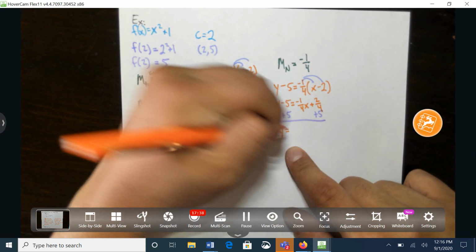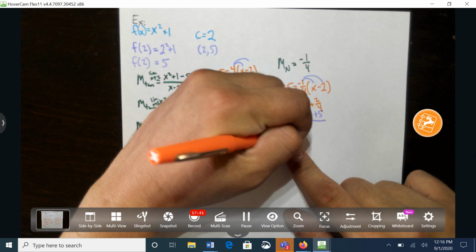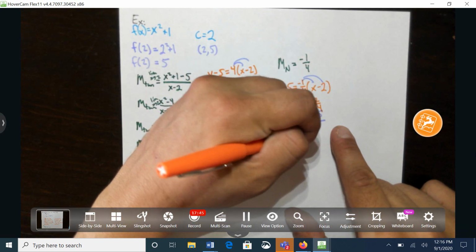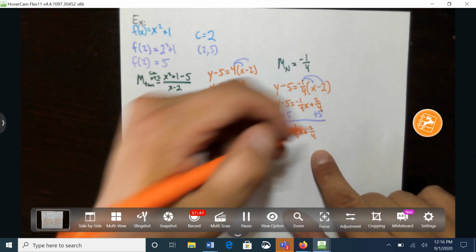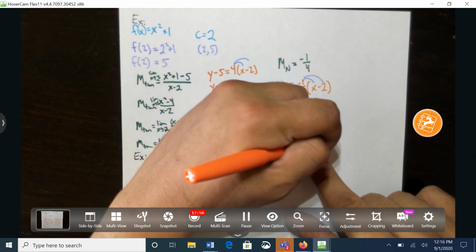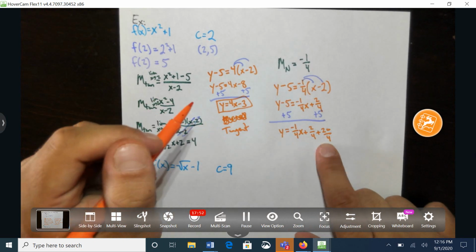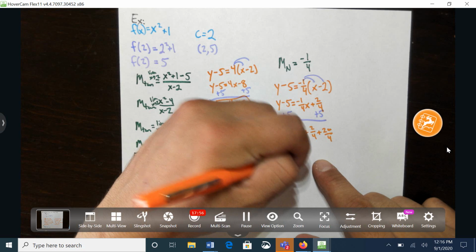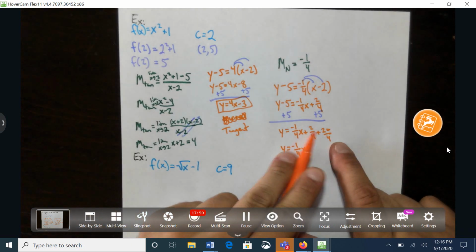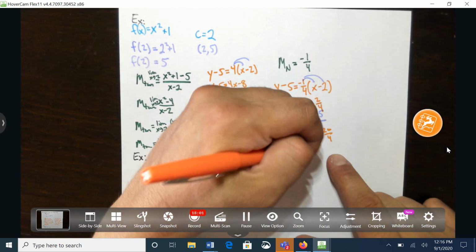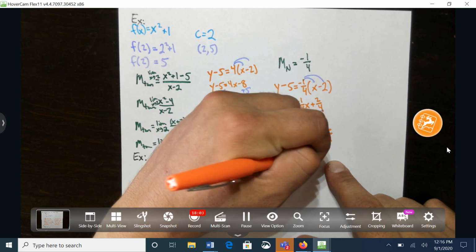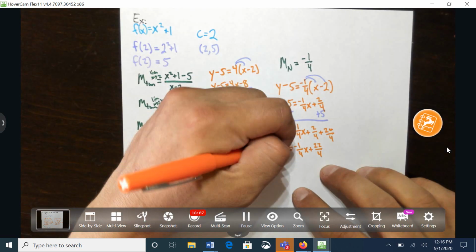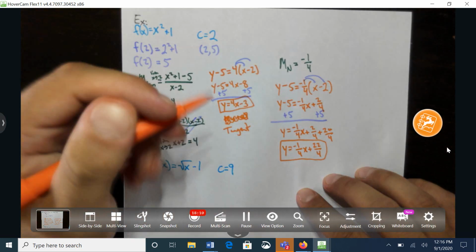So y is equal to negative 1/4 x plus 2 over 4, and 5 would be 20 over 4. And then just combine those. So y is equal to negative 1/4 x, 2 plus 20 is 22 over 4. And that's it. So that's the equation of the normal.